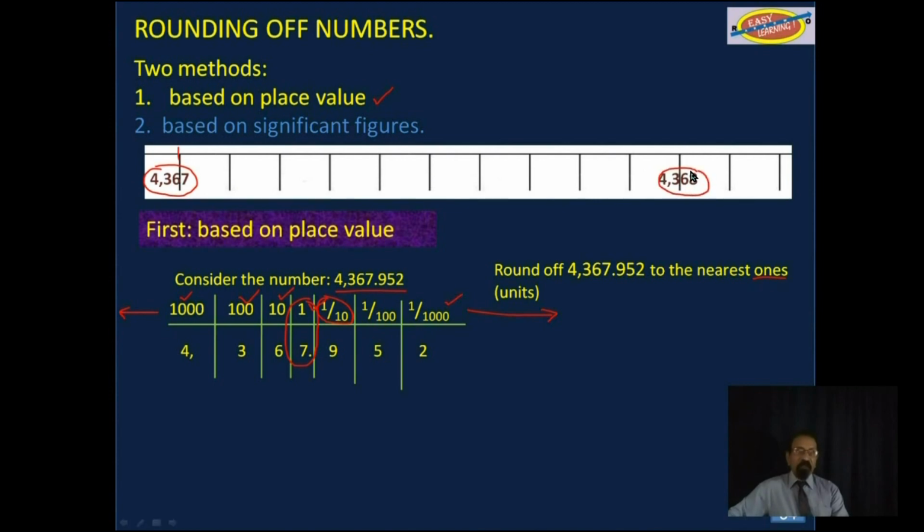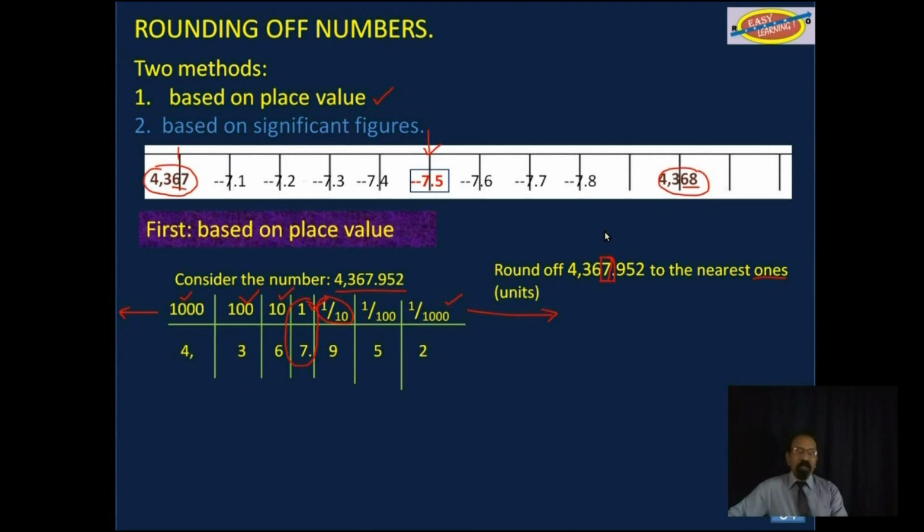Now obviously if it's 4,367 point something, our number will fall somewhere in between that 67 there and this 68 here. So this would be the exact halfway point, 4,367.5, and then you have 7.1, 7.2, 7.3, 7.4, 7.6, 7.7, 7.8, 7.9.